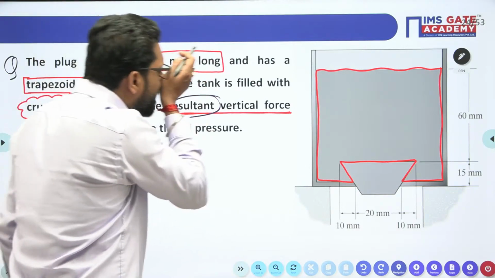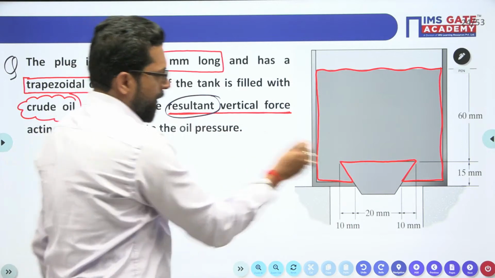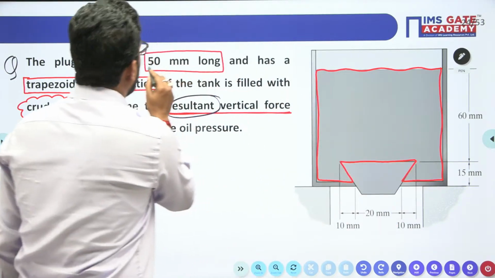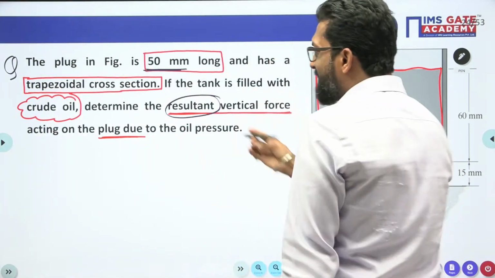This trapezoidal shape has a width perpendicular to the board, of length 50 mm. So what is the net hydrostatic force?